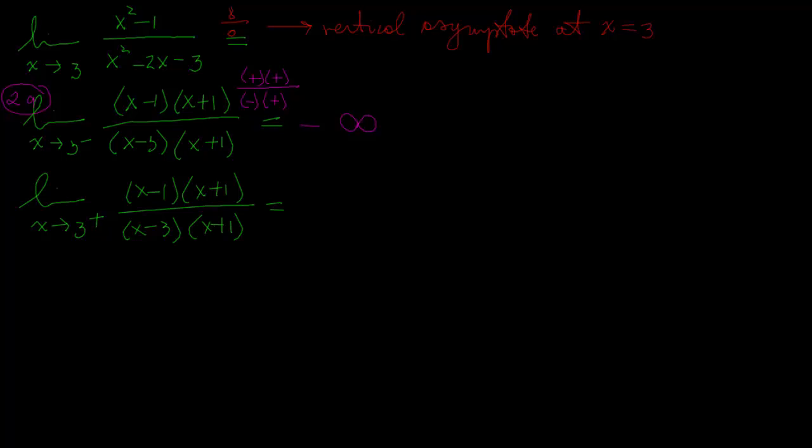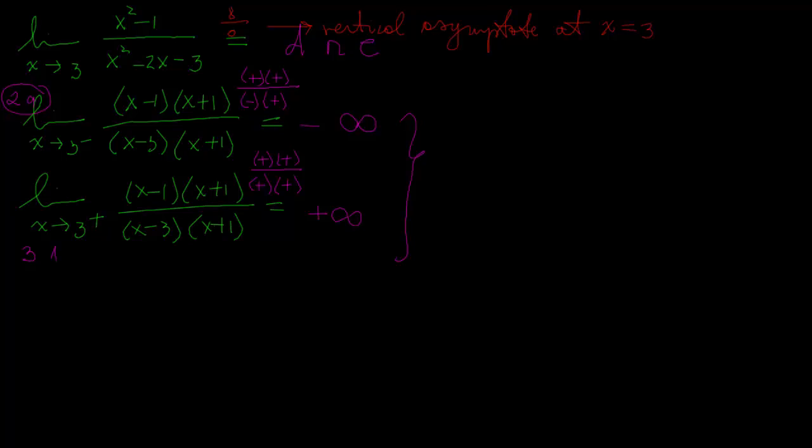In the scenario of being to the right of 3, I pick the number 3.1, and when I evaluate, I get plus, plus, plus this time around, and plus again. So the answer overall will be positive infinity. So given that the limit from the left and the limit from the right do not agree, we have that the general limit does not exist.